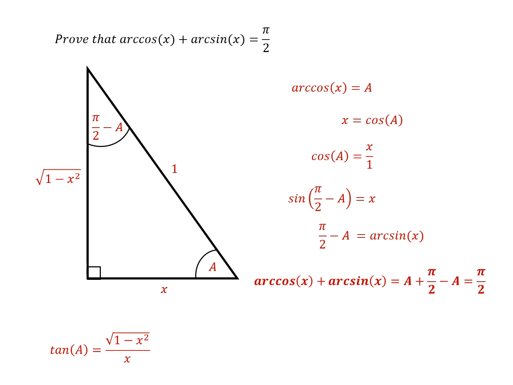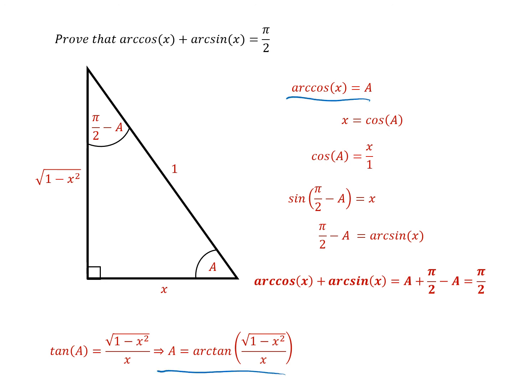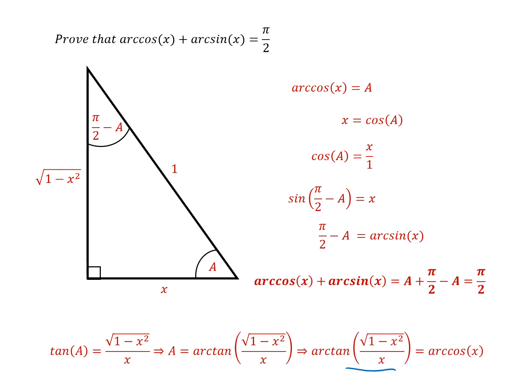So that means that when we take the arctan of that, A is arctan of that expression, the opposite over adjacent. And so A is arctan of this, but A is also arc cos of x. So therefore, arctan of this is equal to arc cos of x.